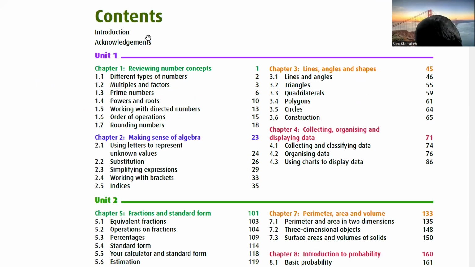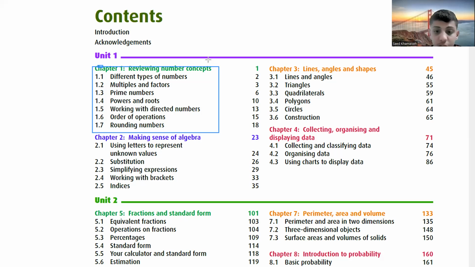First, you have chapter 1. The first unit has 4 chapters.